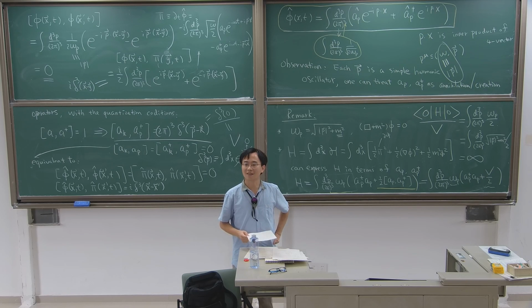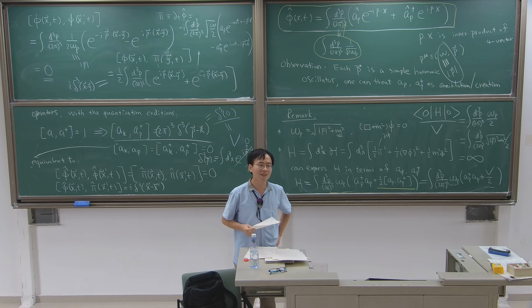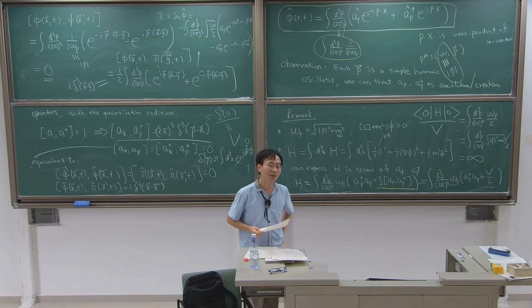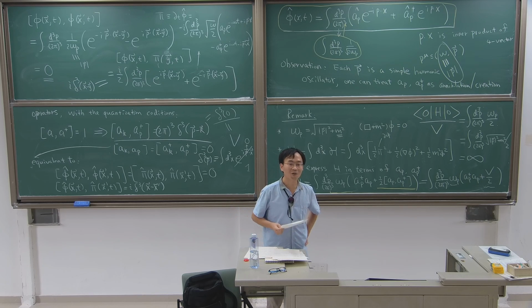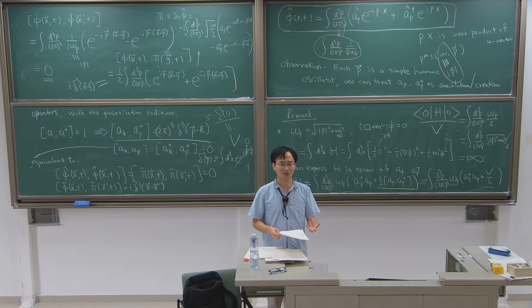So how do we understand this infinity? This infinity basically indicates that the field theory system really includes infinite degrees of freedom. Because from what you already learned from simple harmonic oscillators, in that case you don't get infinity. Remember that? Now you get an infinity. But these two quantities are so close, they're just analogs.